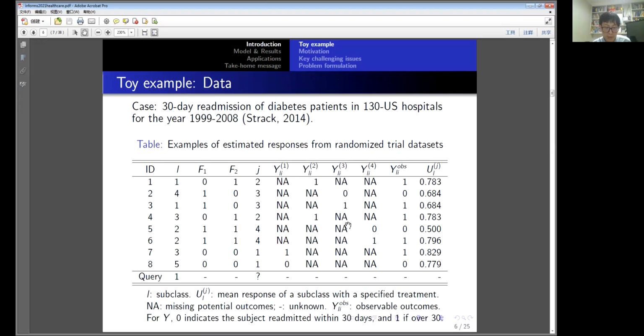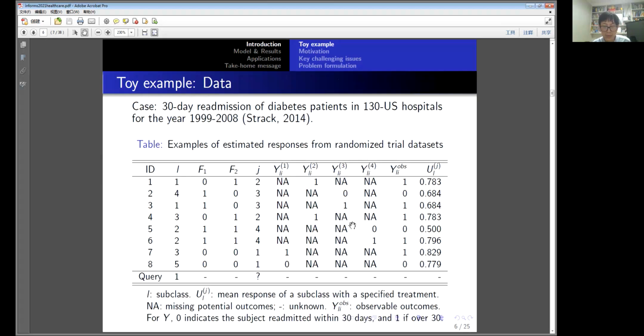For the outcomes Y, 0 indicates the subject was readmitted within 30 days and 1 if over 30 days. NA stands for the missing potential outcomes. For the query patient, the dash 9 represents the unknown outcome, and the column YOBS stands for the observable outcomes.